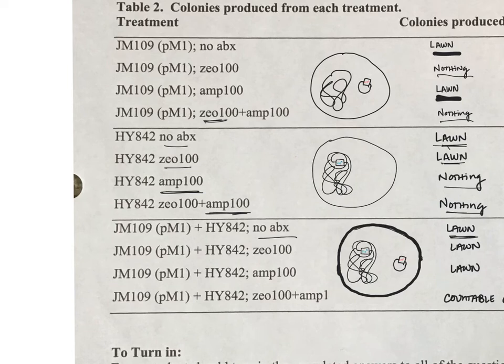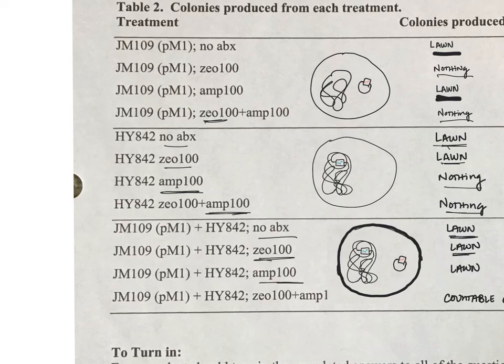When we add a combination of the two bacteria along with the transconjugates, we're going to see a lawn in the presence of zeaxanthin. Again, that is because we are killing off all the JM109. However, the HY842 parental strain is still in there, so we're going to see a lawn.